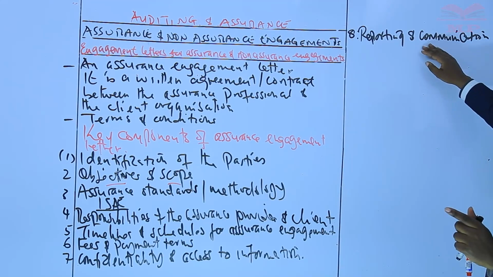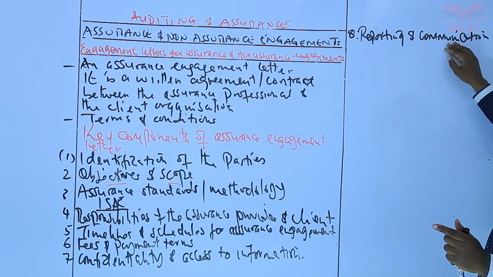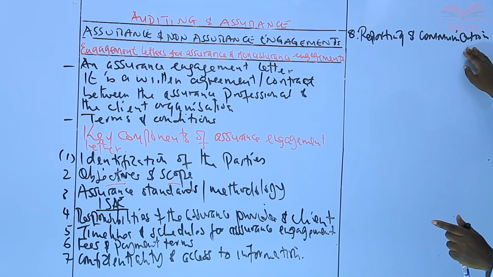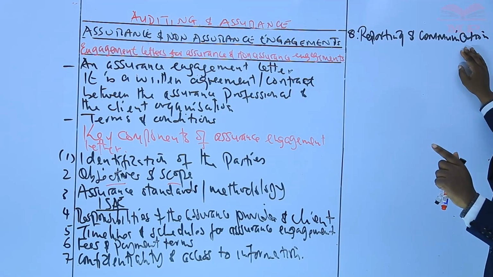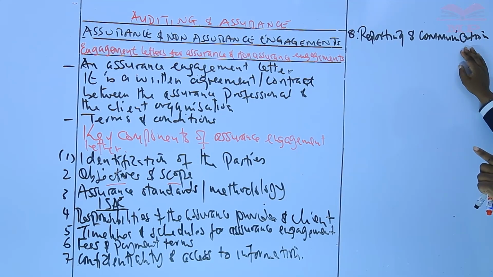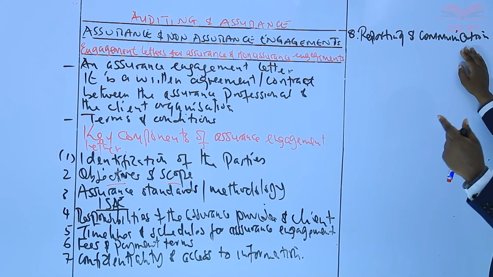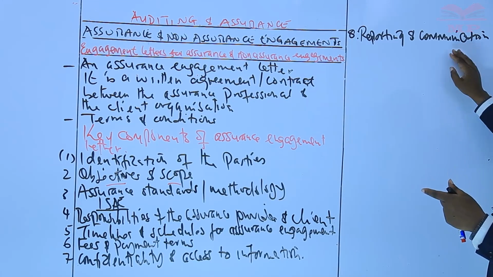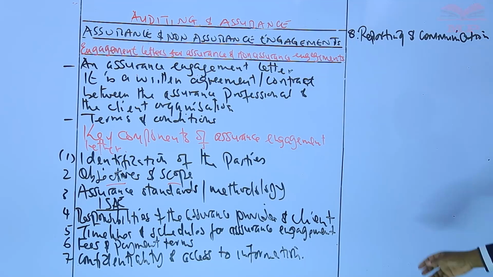The assurance expert may also be required to communicate the findings, and to write management letters or other correspondence during and after the engagement. So that has to be part of the agreement.